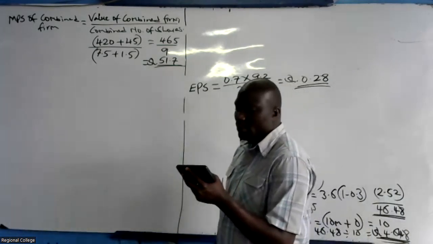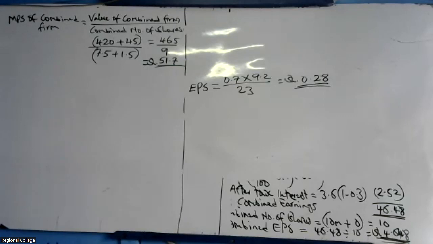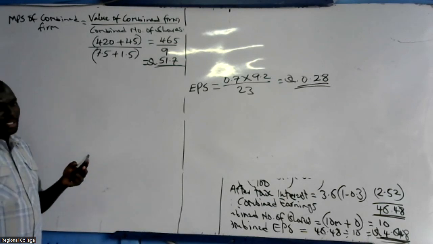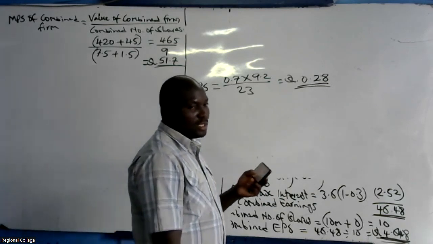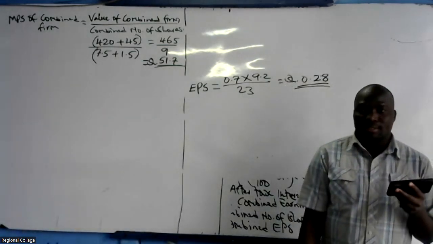Let's go to part 2. Post-acquisition earnings per share if the Trigger Limited shareholders are offered 30 shillings on a share per share exchange. So 30 shillings is the offer.